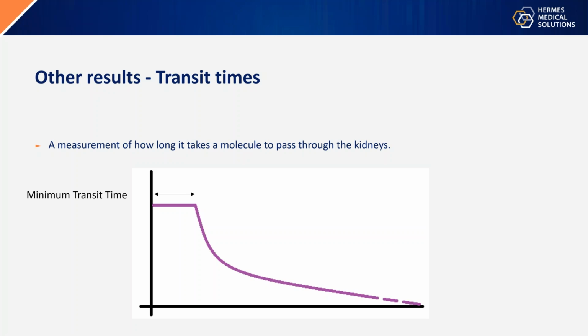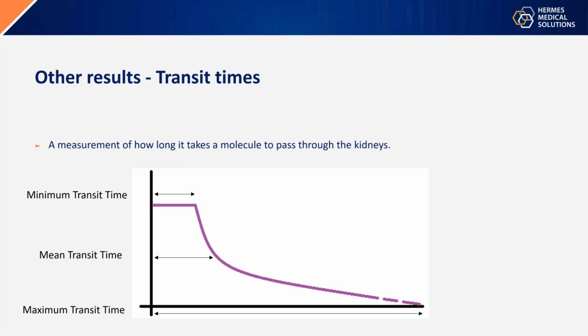So the minimum transit time will be the length of the plateau, since potentially a molecule could enter the kidney and then be the first to leave once the extraction phase begins. If we extrapolate the curve all the way down to the x-axis, we get the maximum transit time. And perhaps the most commonly used is the mean transit time.